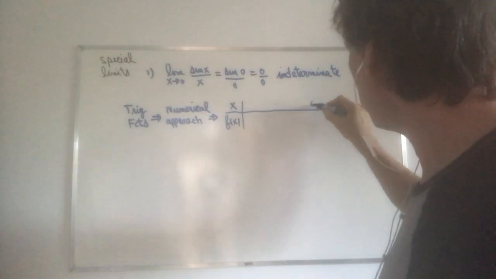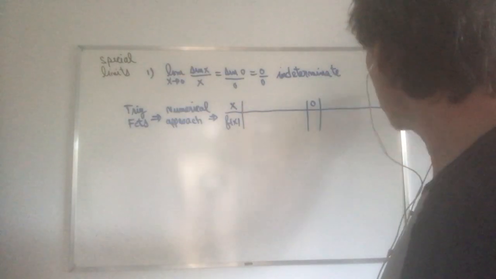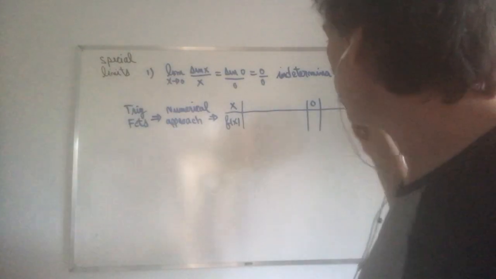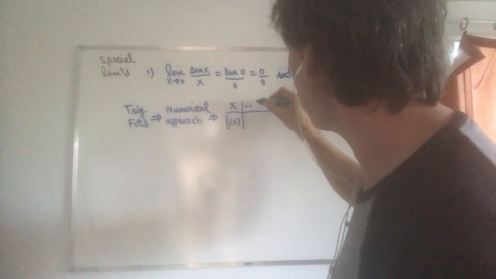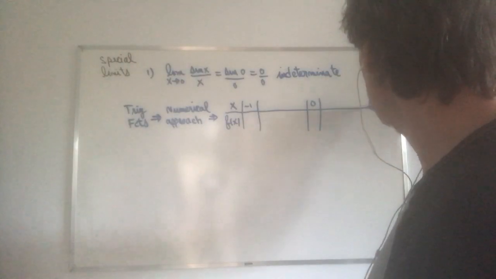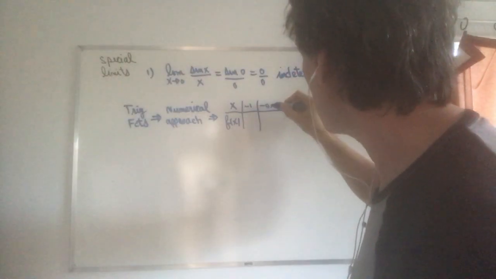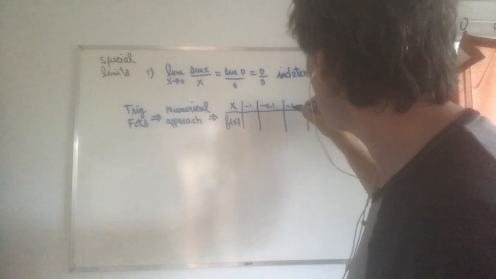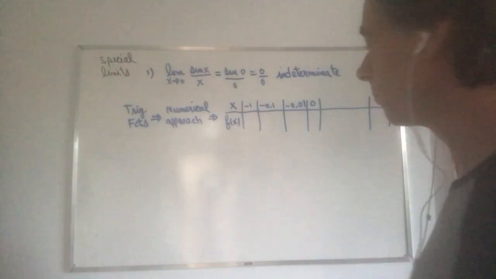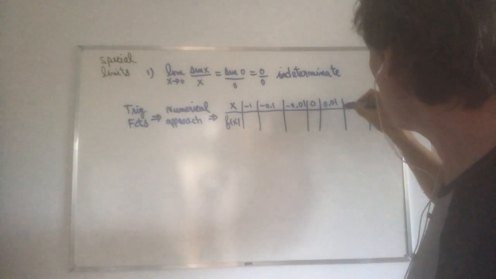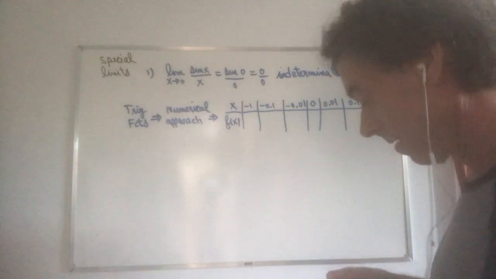The target value is 0. We're going to smack this in the middle. And then we're going to choose the first whole number on the left and the first whole number on the right in order for us to get closer to 0. So maybe here this is minus 0.1 and this is minus 0.01. That's pretty close to 0. Same thing on the other side, 0.01 and 0.1.